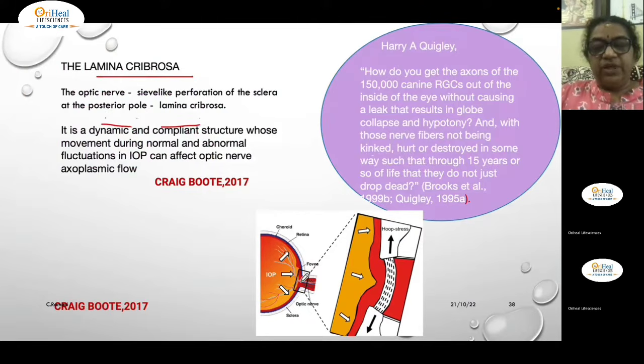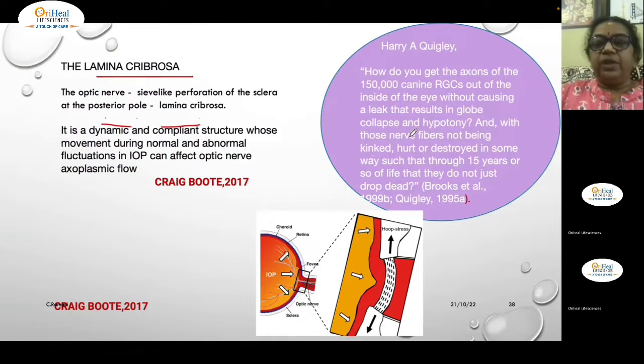That is why during every movement of the eyeball, you will find that the optic nerve is not compressed. Only when there is a pathology, you will find some compression of the optic nerve. In an anatomical or physiological movement, you will not find any compression of the optic nerve.